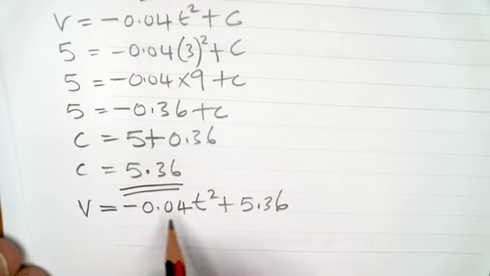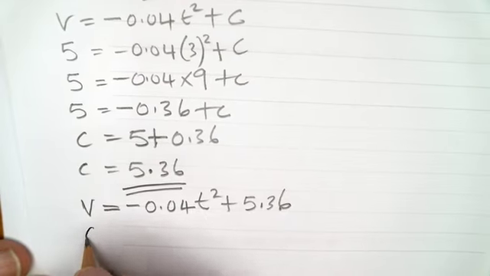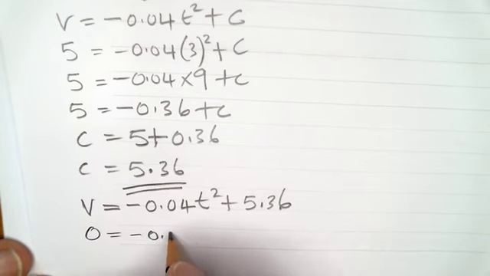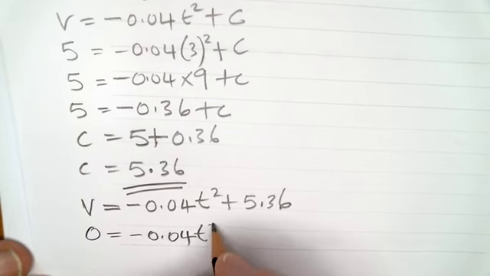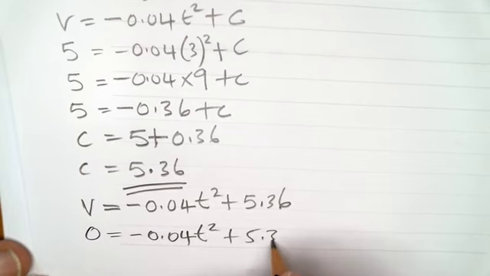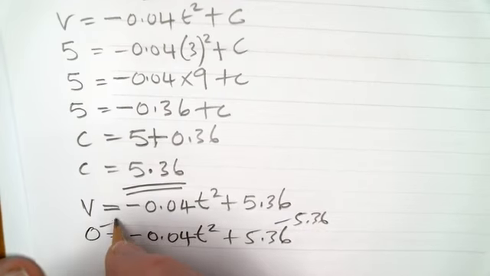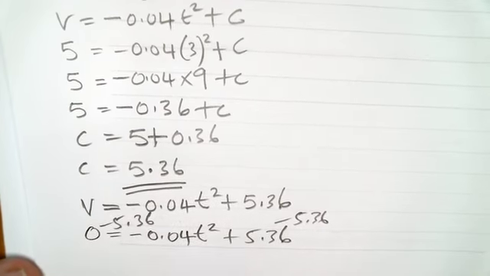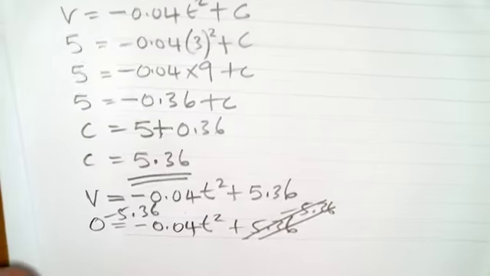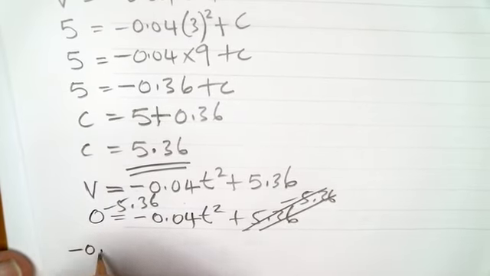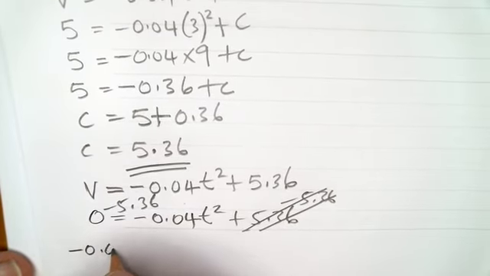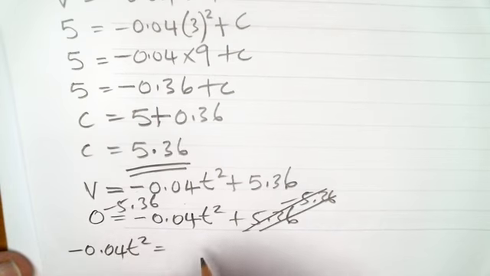So if the velocity was 0, for example, 0 is equal to negative 0.04t squared plus 5.36, and I subtract 5.36 from both sides. So that's nice. So now we've got negative 0.04t squared is equal to negative 5.36.